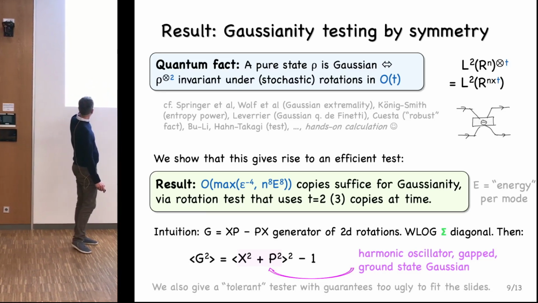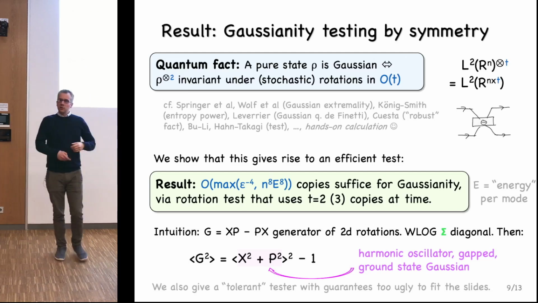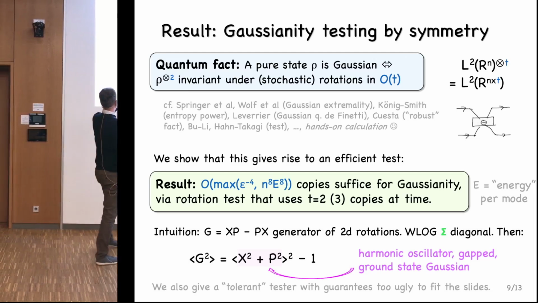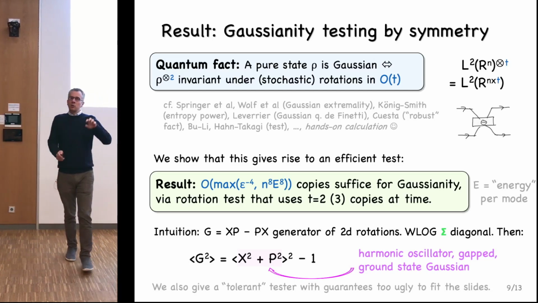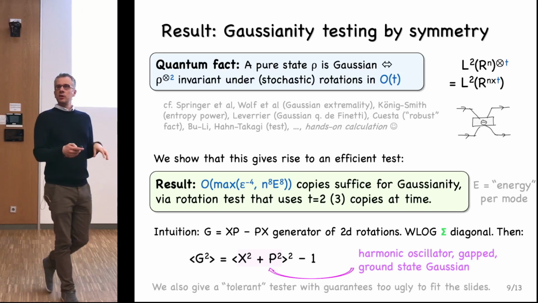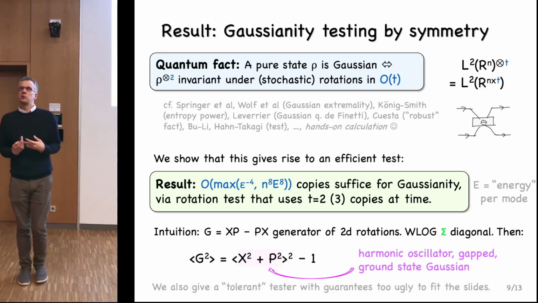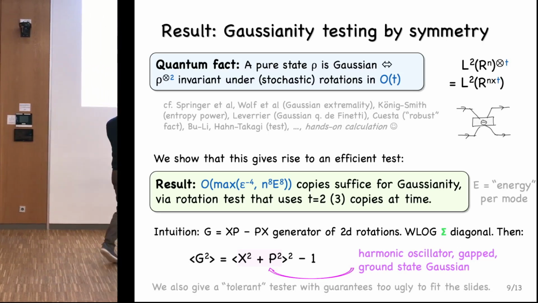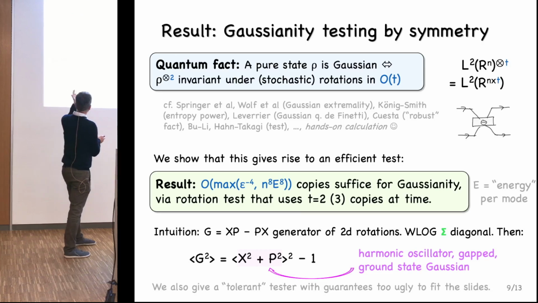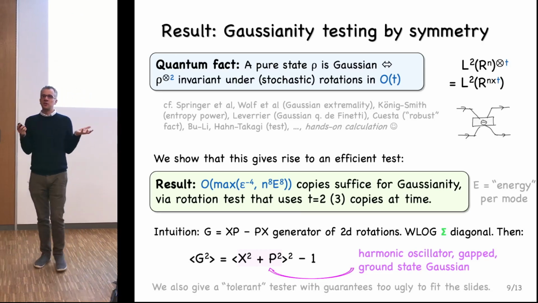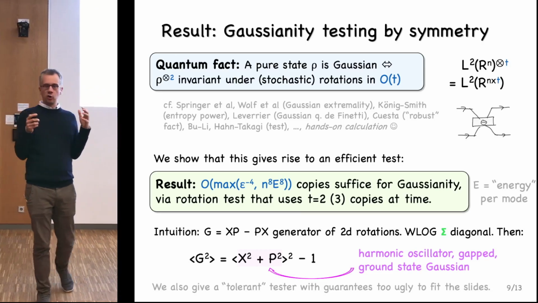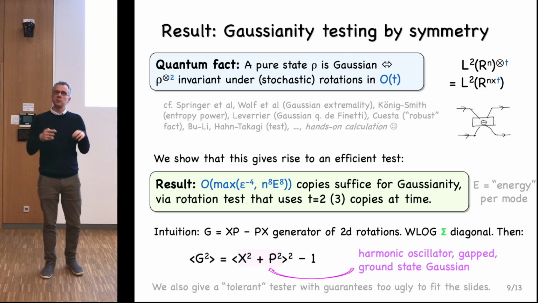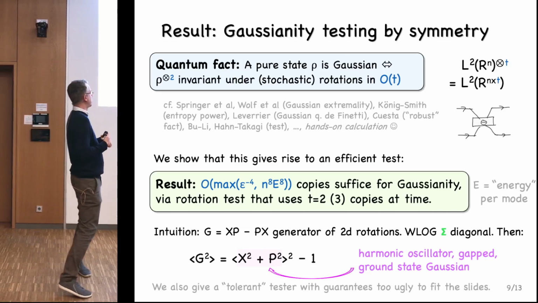Now, on the other hand, you can actually compute what happens when you compute g squared, which is sort of quartic in x and p. It turns out that if you evaluate this expression in a product state, it's going to be a product of quadratic things. So you can hope to express it all in terms of covariance matrices. In particular, this rotation test by design is invariant under Gaussian unitaries, so you can always, and maybe that's a comment for the experts, diagonalize your covariance matrix by a symplectic transformation.